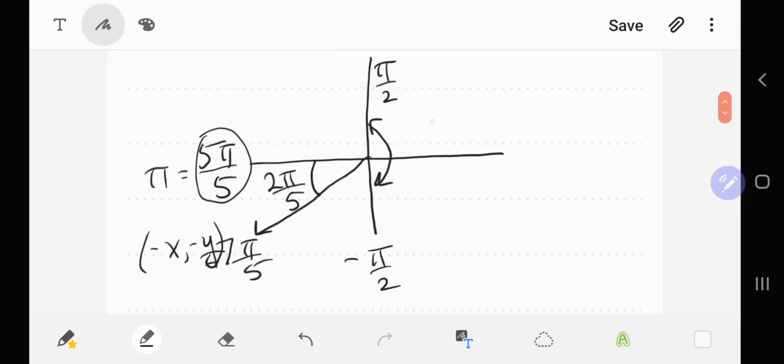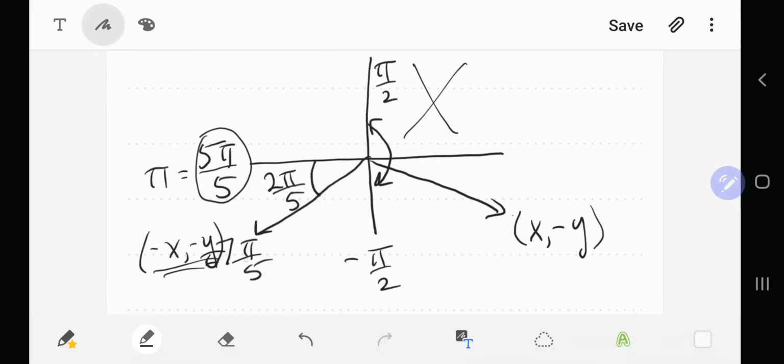And we know that that can't be the first quadrant, because in the first quadrant all the y values are positive. So it's going to have to be an angle in the fourth quadrant. And the equivalent xy here would be positive x, negative y. And for these ordered pairs to be the same, these angles have to be the same.